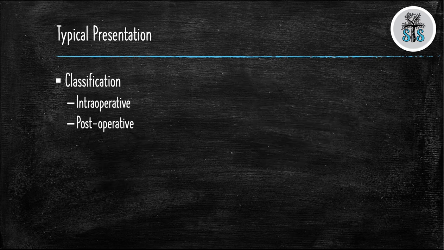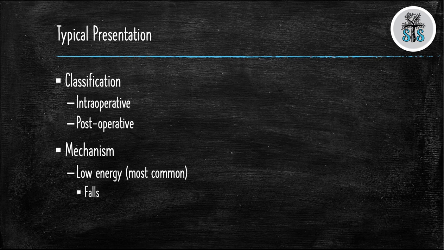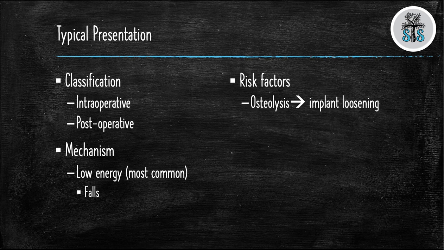These fractures can occur intraoperatively and postoperatively. The postoperative fractures are most commonly due to a fall. There are several risk factors that increase the risk of sustaining a fracture. Osteolysis can loosen the implant. Impaired bone quality, such as the patient having rheumatoid arthritis, Paget's disease, osteoporosis, if the patient's on chronic steroids, if they have a tumor, or if there's trauma.